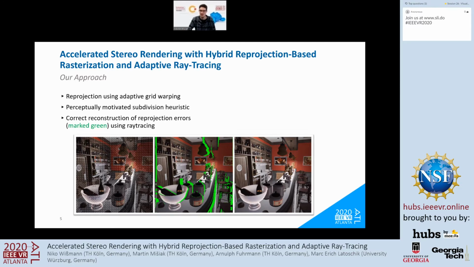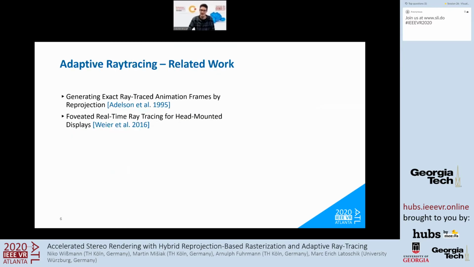To this end, we make use of hardware-accelerated adaptive ray tracing available on the latest GPUs, and we correctly reconstruct the missing information, a feat not achievable with common inpainting techniques. Adaptive ray tracing has been used to reconstruct reprojection errors before, in the work of Adelson and Hodges, in the context of synthesizing animated frames in fully ray-traced environments, and by Weier et al., who implemented a ray-traced foveated rendering system.